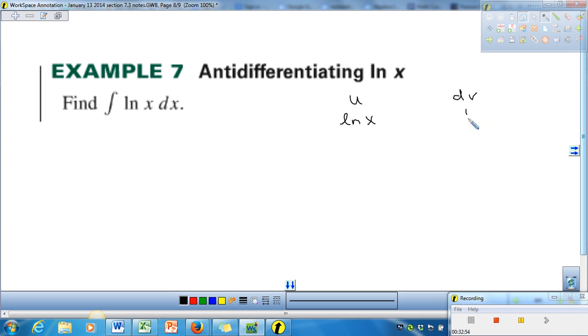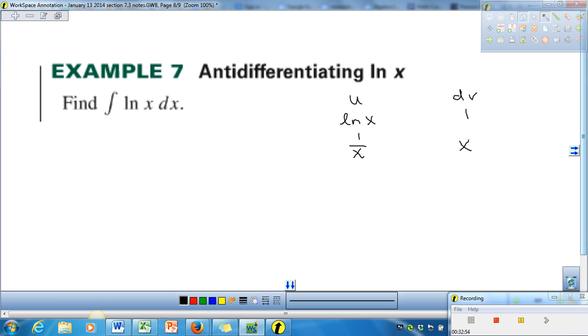Just 1. All right, let's go 1 row down. Derivative of ln of x will be 1 over x, and the antiderivative of 1 will be x. All right, and so this is an example of when I am choosing to integrate back now because the integral will be easy. x times 1 over x is 1.